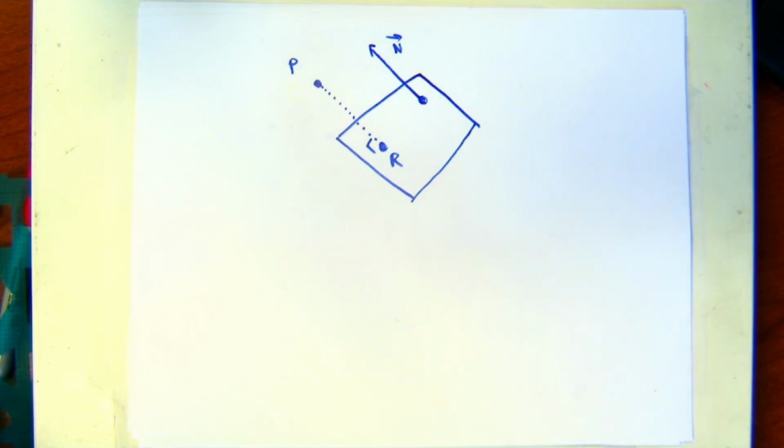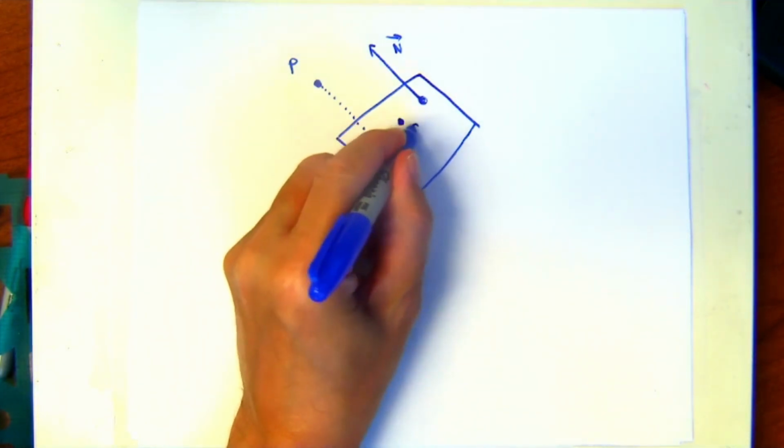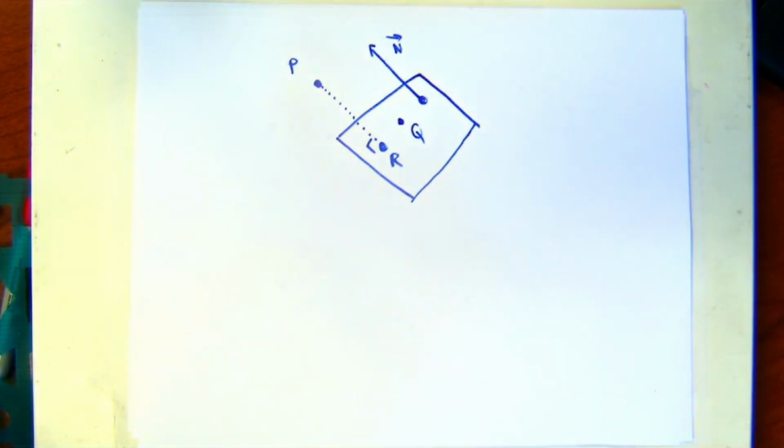First comment, if I formed the vector from P to R, it would be a multiple of the capital N vector, because both of those are at right angles to the plane. Secondly, I'm going to take another point in the plane and call it Q.